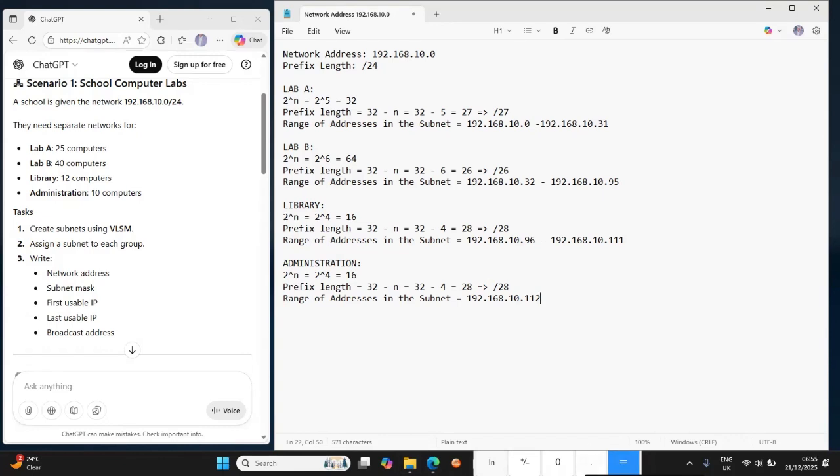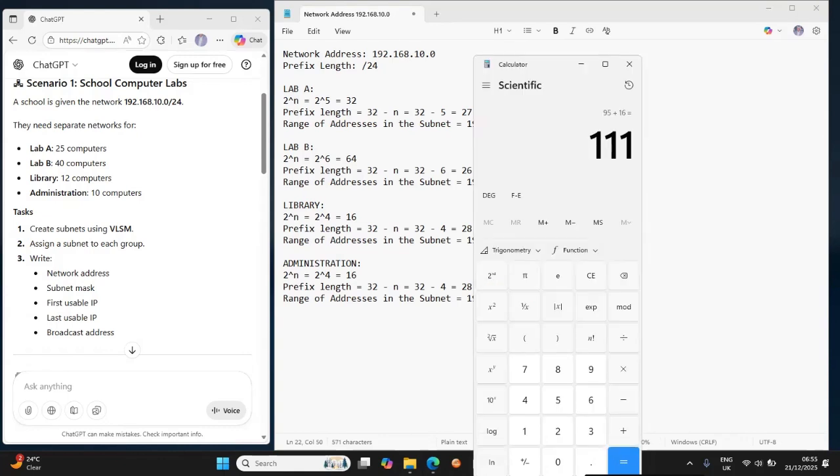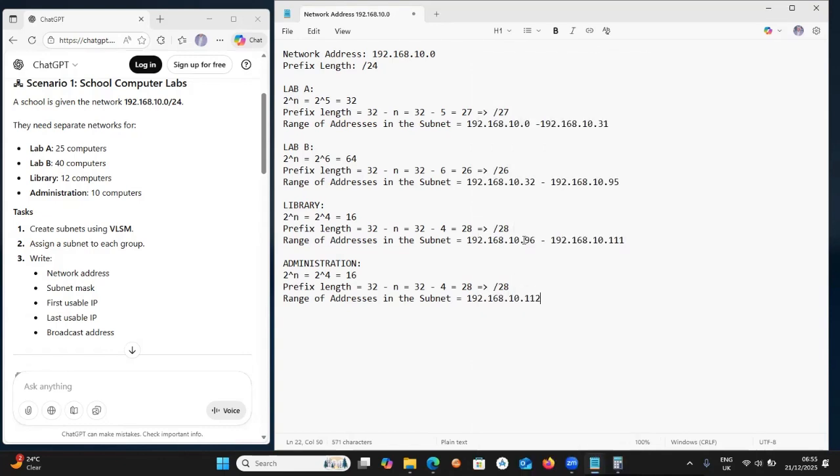The last address is going to be 111 plus 16, 127. It will be 192.168.10.127. Now that we have all this mapped out, we are done with creating subnets using variable length subnet masks.